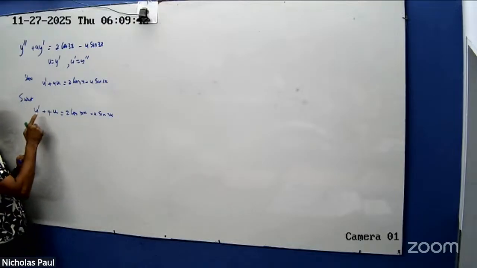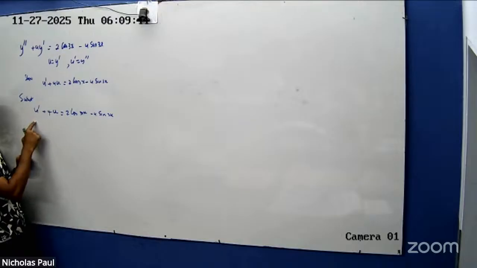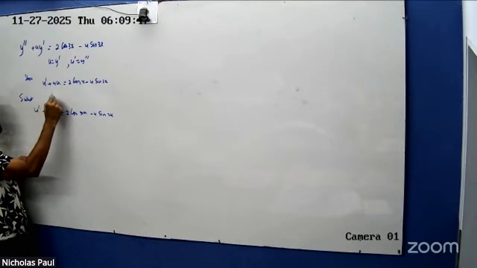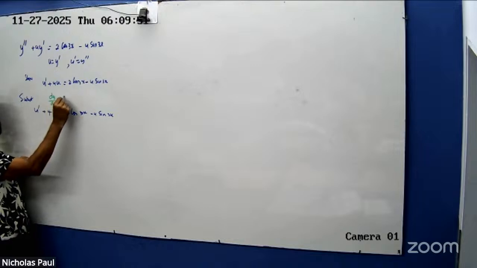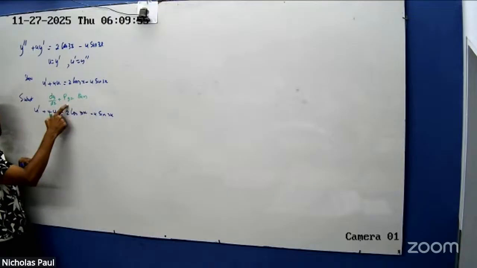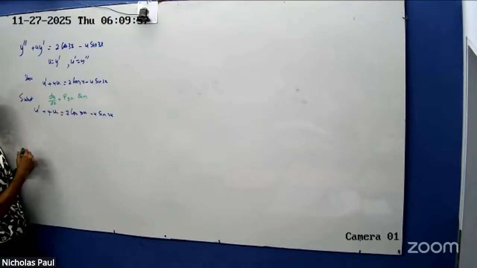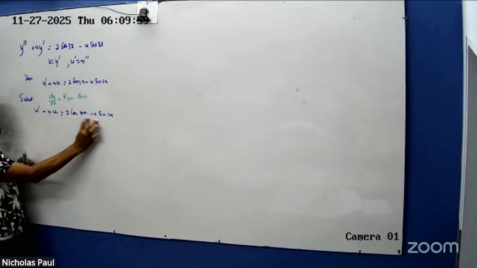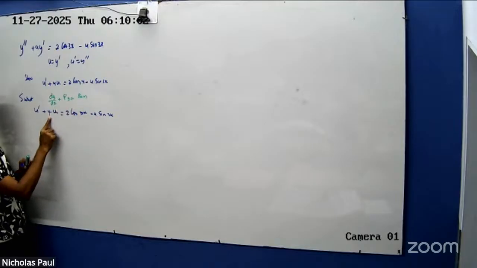We could use dy dx plus Py is equal to q of x. So we're going to use the integrating factor. We have q of x here, and this is p.